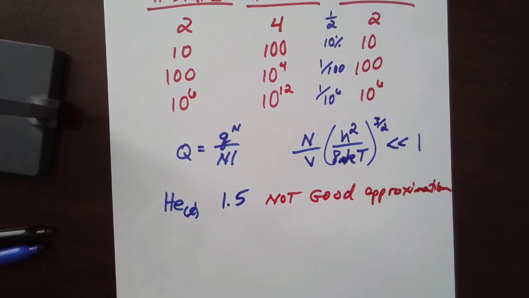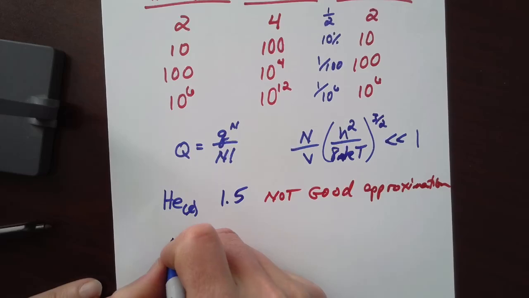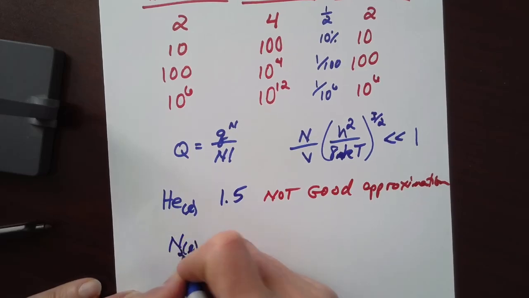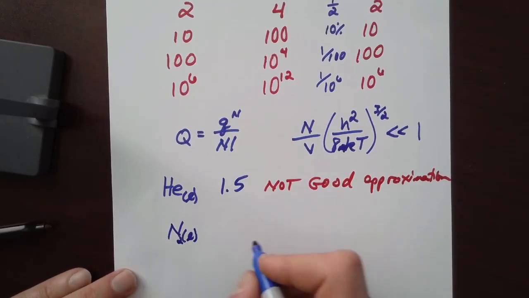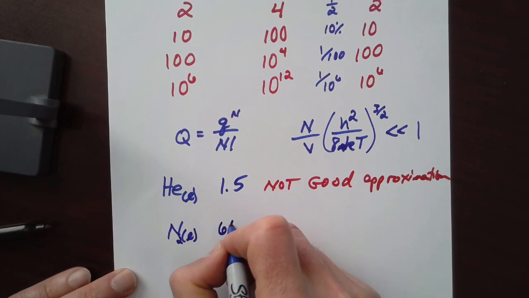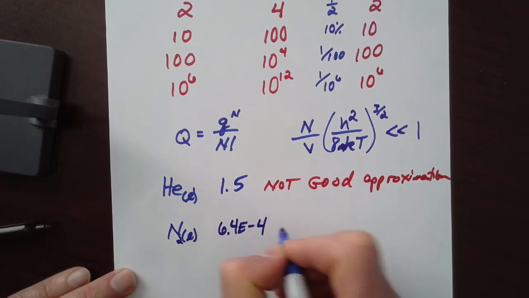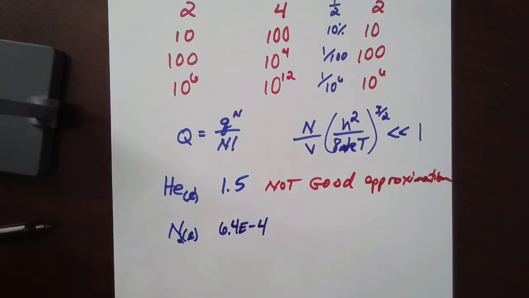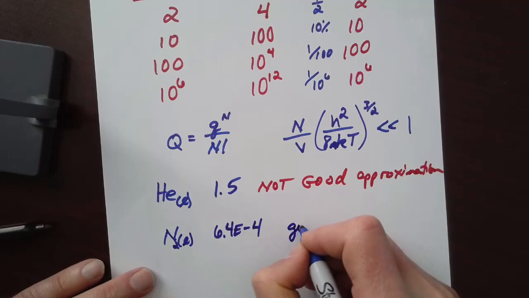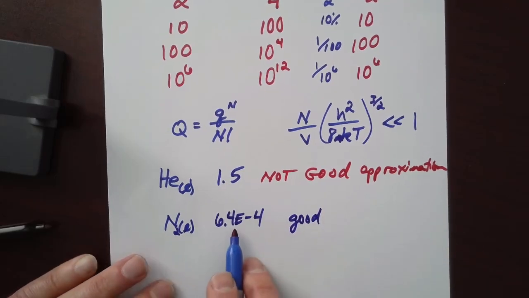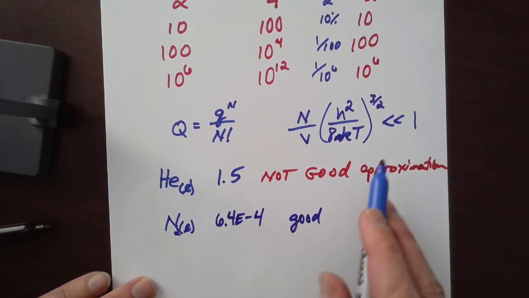But let's look at liquid nitrogen: 6.4 times 10 to the minus 4. Oh, it's actually pretty good, because that is a lot less than 1.